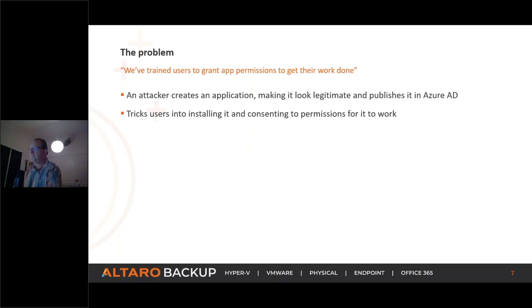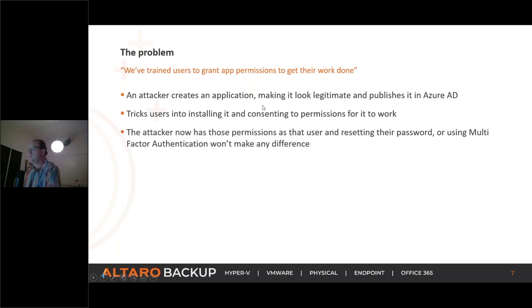They might send a phishing email, they might send a text message, they might have an ad on a website, any which way that they can trick the user into going, oh yeah, that's right, I need this email hygiene application or something, so I'll give permissions to it.